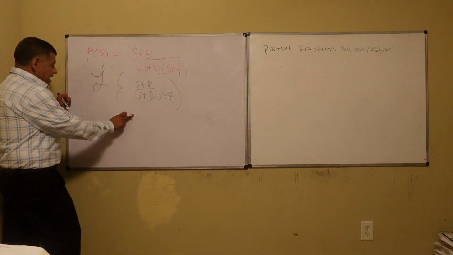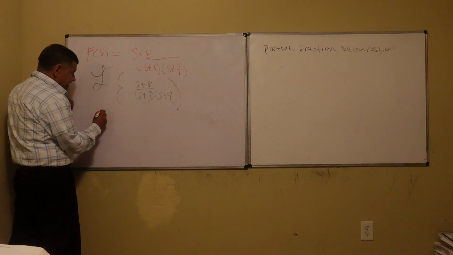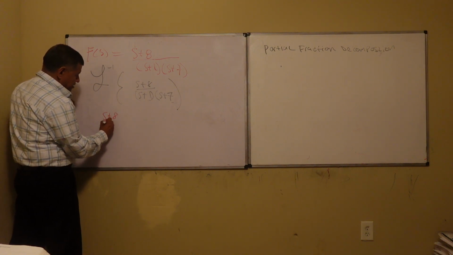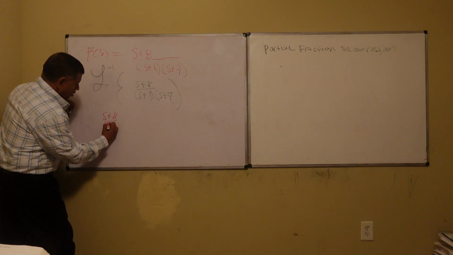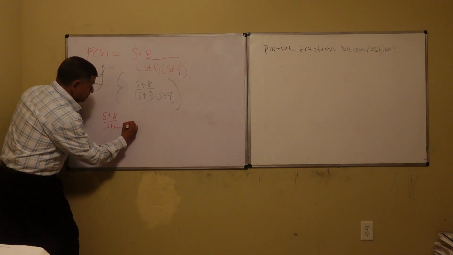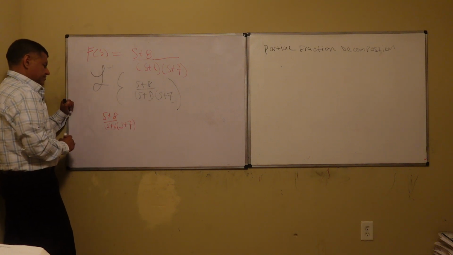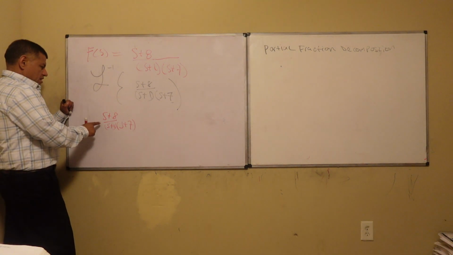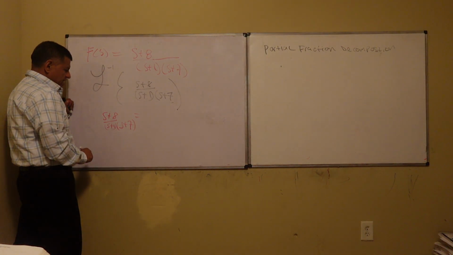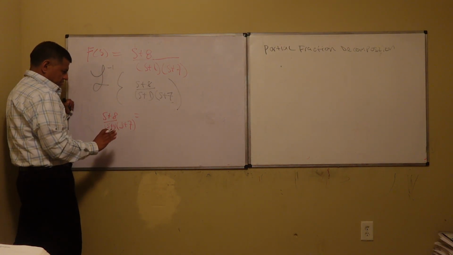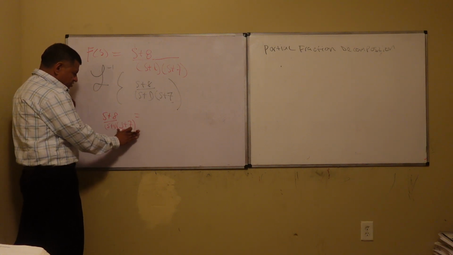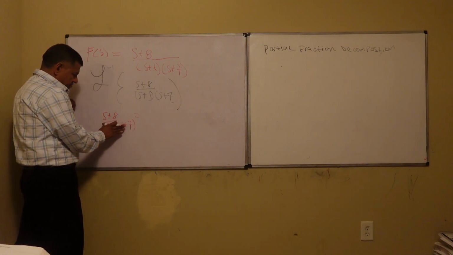So we can break this down into the following. So we can say (s plus 8) over (s plus 1) times (s plus 7), right? Equal to what? Okay, so equal to something, but that something is going to be this denominator, right?